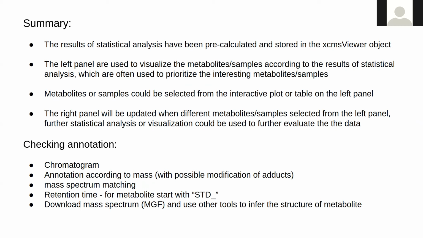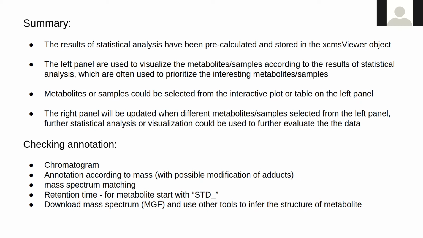And very importantly, when we work with untargeted metabolomics, we shouldn't trust an annotation blindly, or just give the mass to somewhere and then do enrichment analysis directly, because there are so many different compounds that may have the same mass. So we should think about whether the quality of the annotation is good or not.